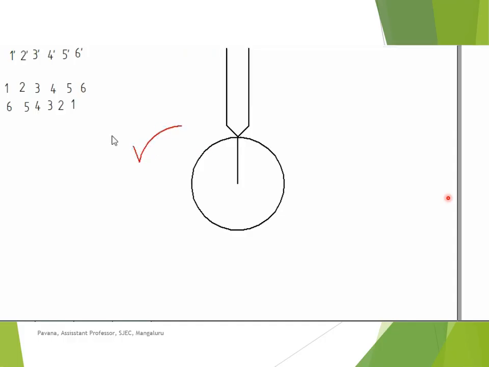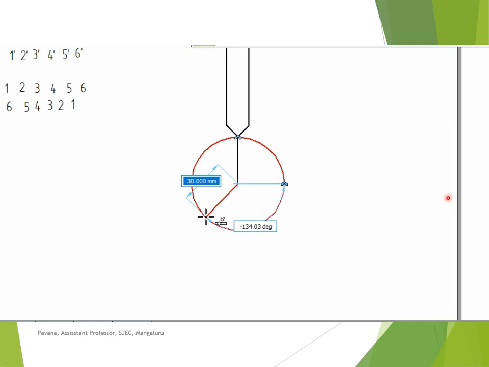What is that angle? The angle is nothing but the 120 degree, 60 degree, 90 degree, 90 degree, whatever is given in the question. What you divided in the displacement diagram, those angles have to be marked here. Since it is given clockwise, we have to divide the angles in anti-clockwise direction. Whatever direction is given, move in the opposite direction.